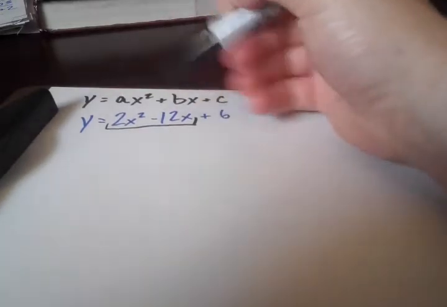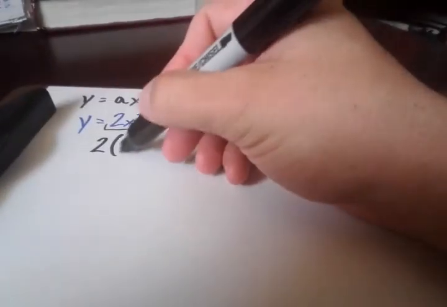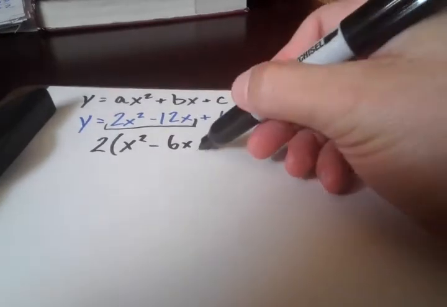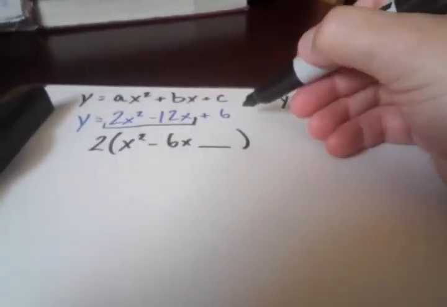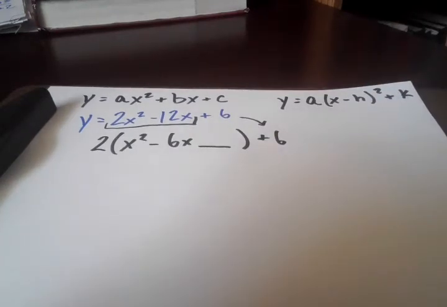So I want to take out a 2. I'm going to rewrite this as 2 times x squared minus 6x, and now I'm going to write a blank here, and I'll explain that in a second. I'm going to bring this 6 way back here, okay?